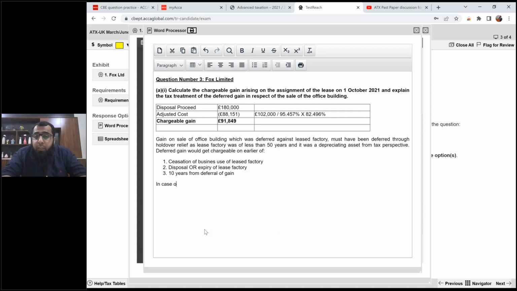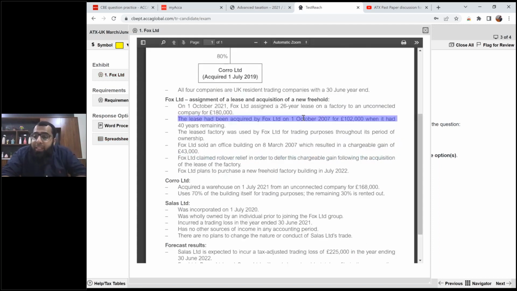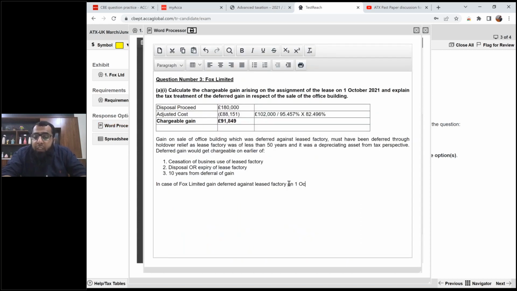In case of Fox Limited, the gain was deferred against the leased factory on 1st October 2007, because the factory was acquired in October 2007. It may have become chargeable on 1st October 2017 as 10 years were completed on that date.